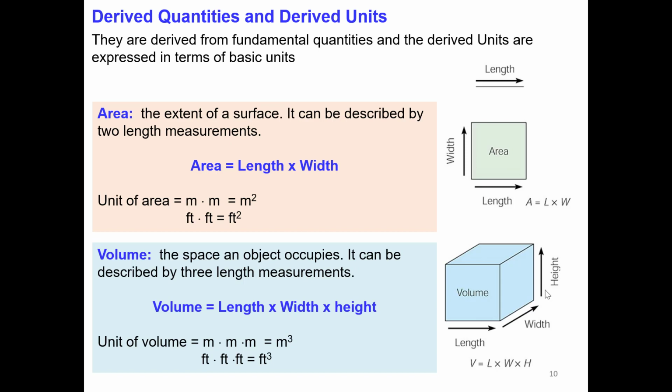Also, we had another kind of quantities, which are the derived quantities. For these derived quantities, there are some derived units. The derived quantities are expressed in terms of the basic units.